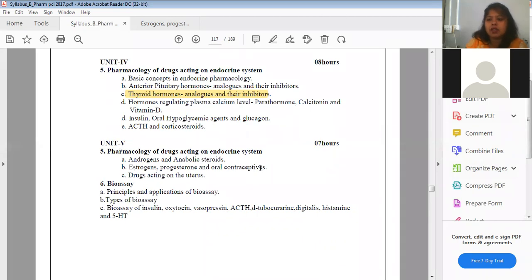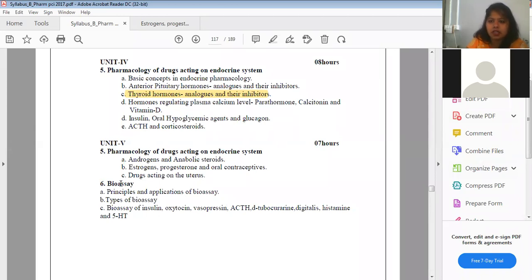This chapter will cover more than 80%. The section of estrogen, progestin and oral contraceptives in unit number 5 will cover 80% of your 5th unit syllabus. Then in practical, we already got the knowledge about the bioassay, what is meant by bioassay.